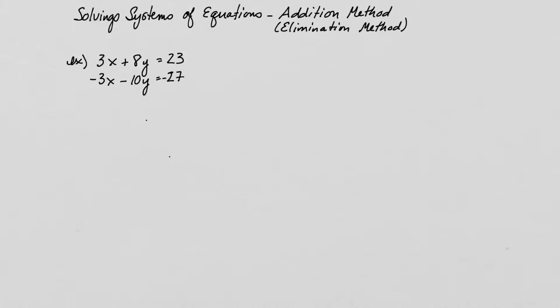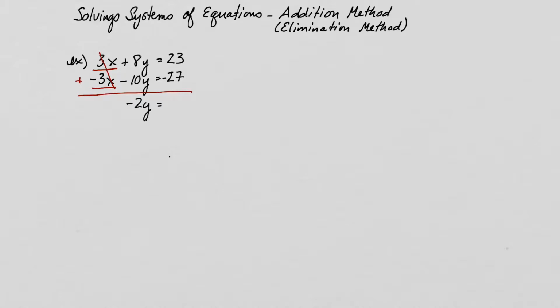One of the neat things to notice here is that I happen to have a positive 3x and a negative 3x when I look at the two different equations. And so if I added these two equations together, this positive 3x and the negative 3x would actually cancel each other out. Then if I add 8 and negative 10, that would give me negative 2y.